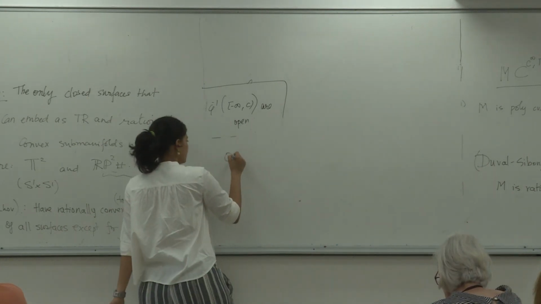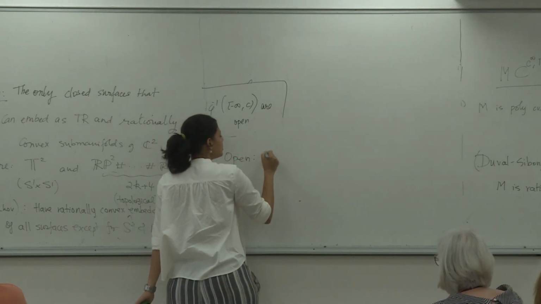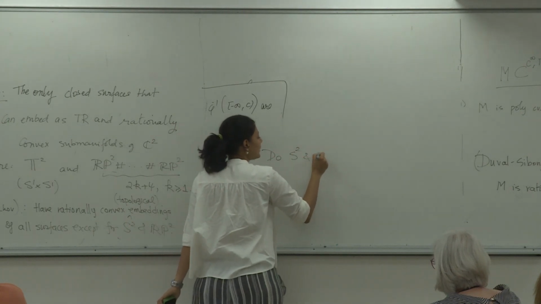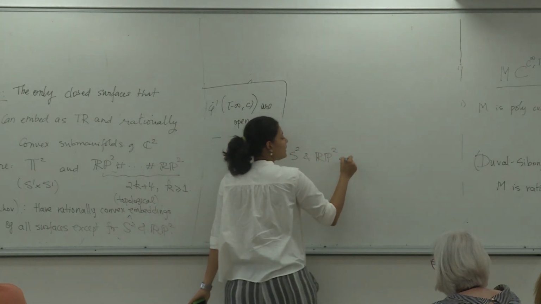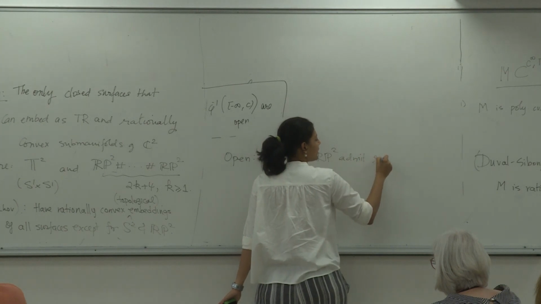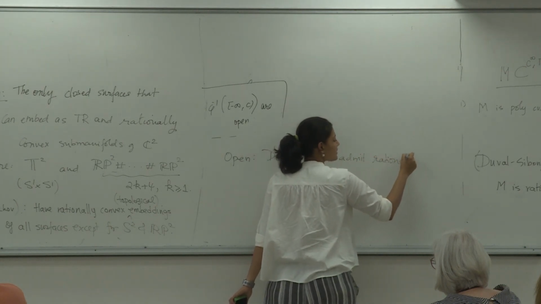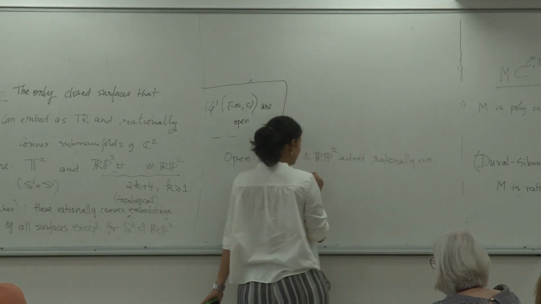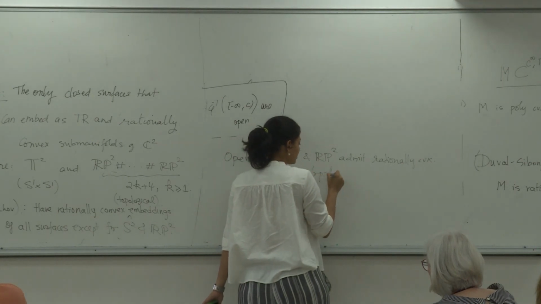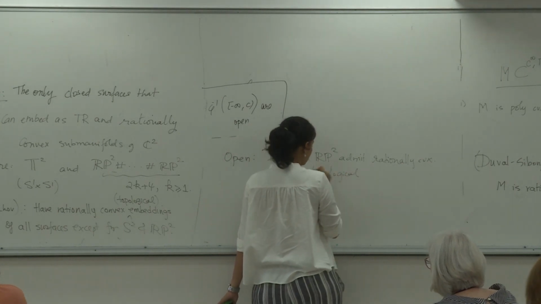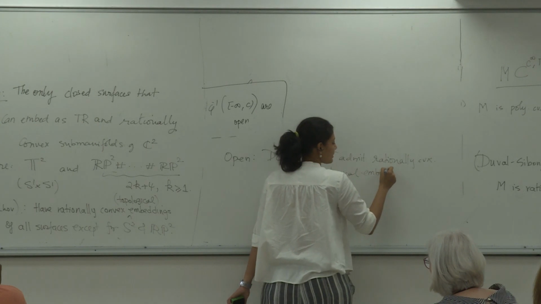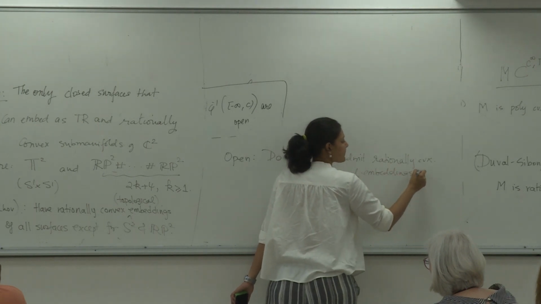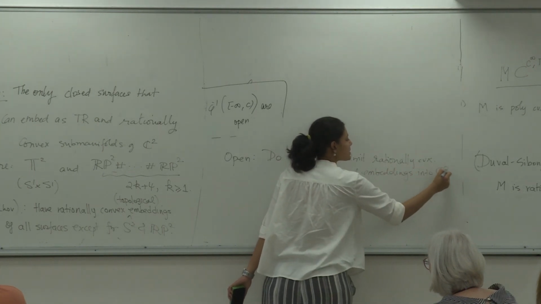So here this is open: do S2 and RP2 admit rationally convex topological embeddings into C2?